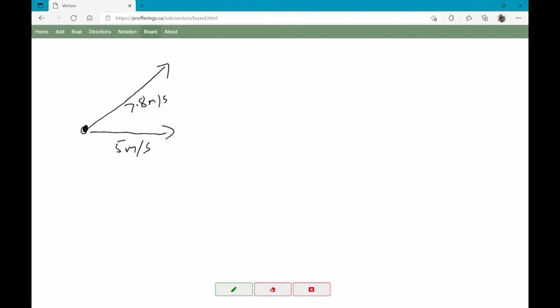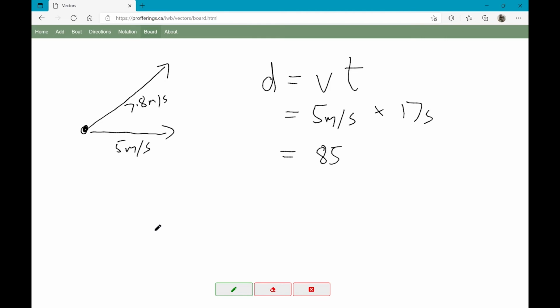So if I want to know how far it will travel downstream before it reaches the other side, the distance it travels is just the speed multiplied by the time. But again, the trick is using the correct speed. It is traveling downstream at the rate of 5 meters every second. And we just previously calculated that it's doing that for approximately 17 seconds. So it's going to end up about 85 meters further downstream.